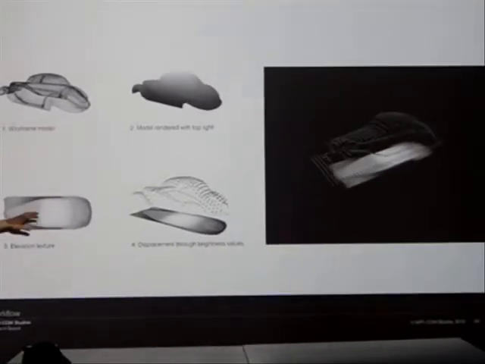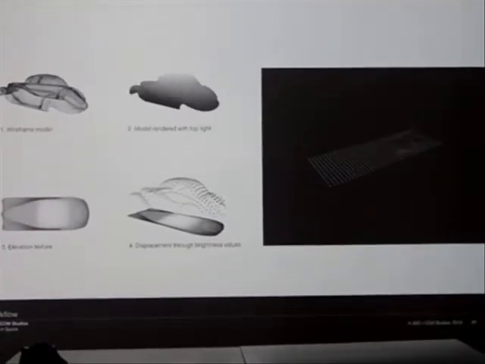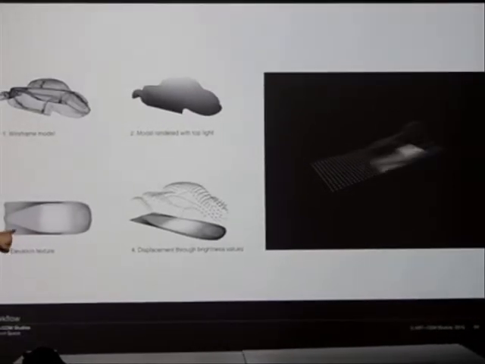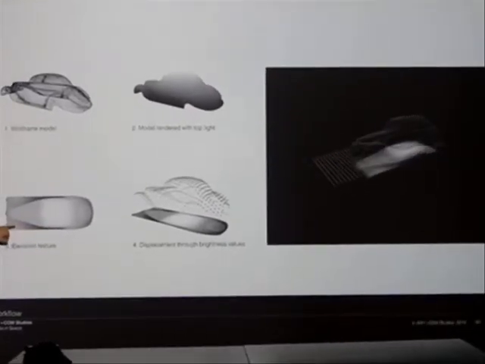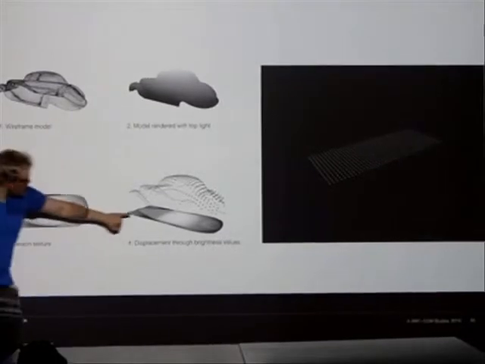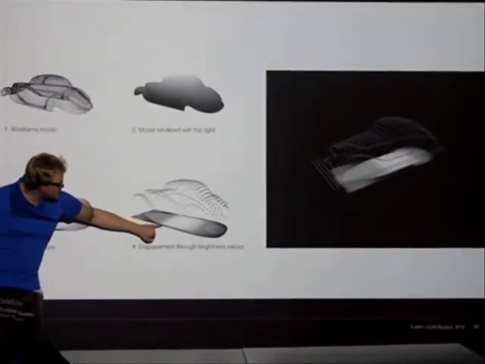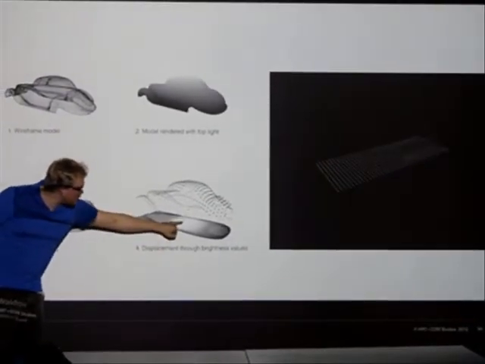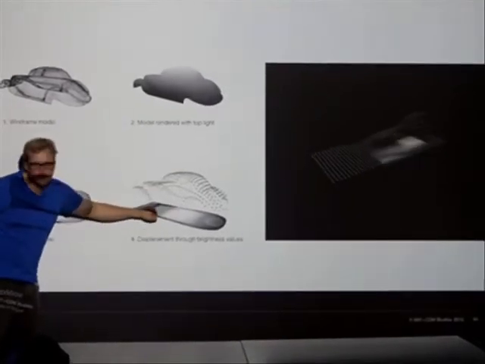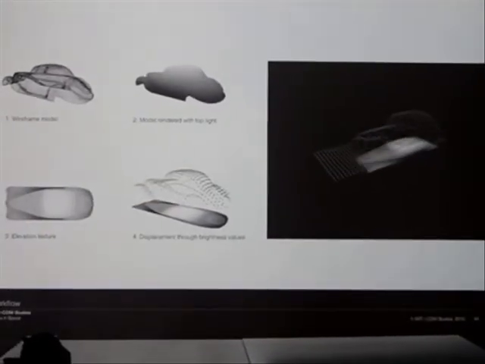And so we basically render it out and get a two-dimensional elevation texture. You see there's a gray scale in it, and we translate those gray scales into height values. So the brighter, the higher, the darker, the lower the balls will hang.